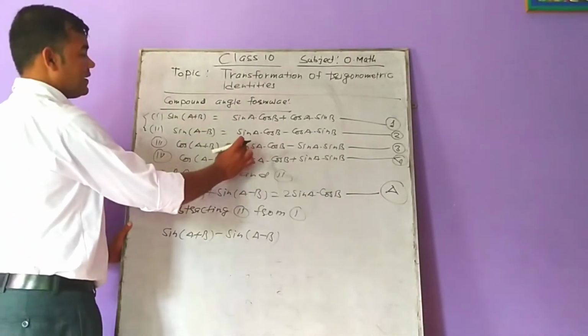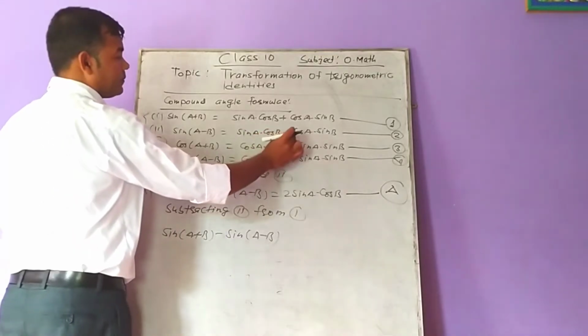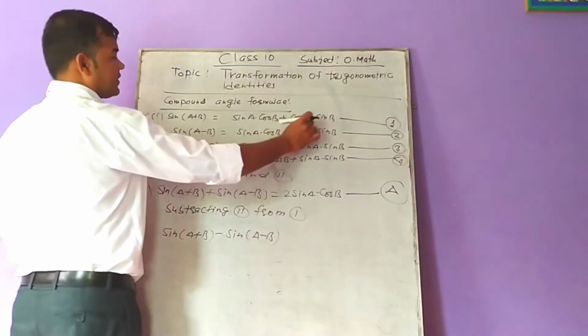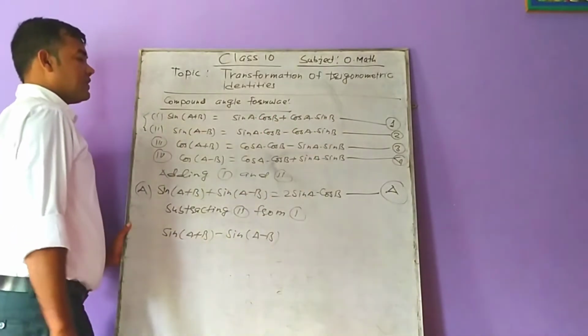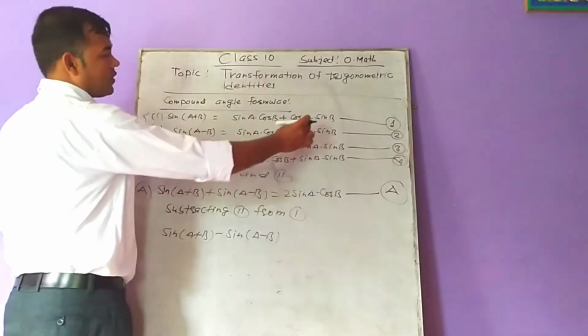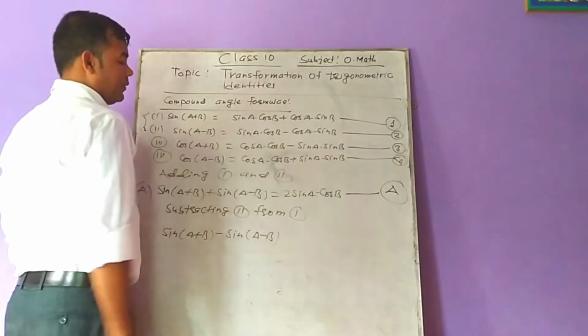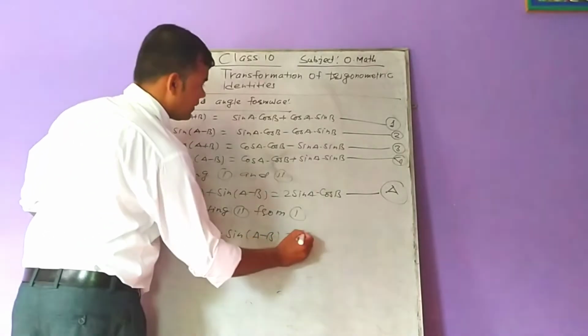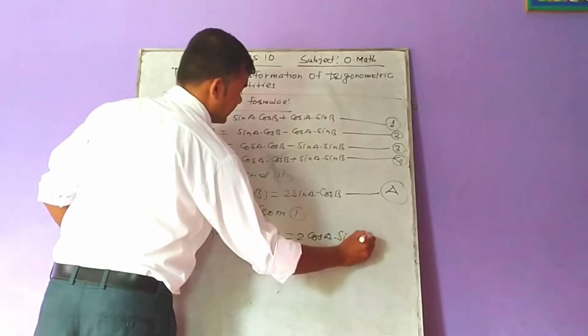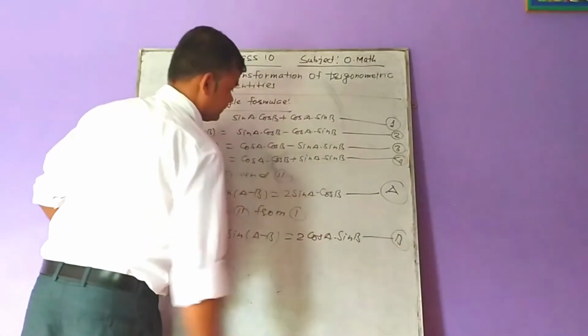You are subtracting sin A cos B − cos A sin B from sin A cos B + cos A sin B. You will see sin A cos B and sin A cos B cancel out. Cos A sin B and cos A sin B will be added, and the result will be 2 cos A sin B. This is identity number B.